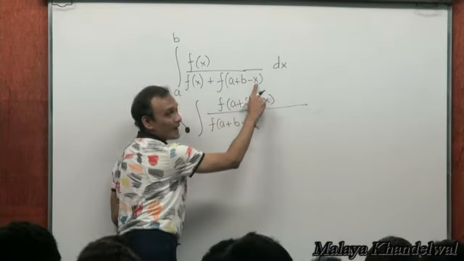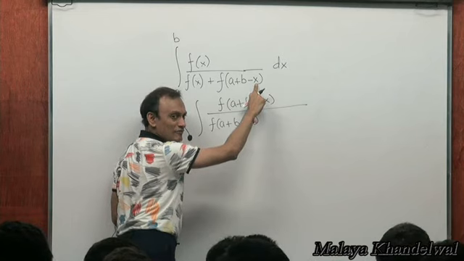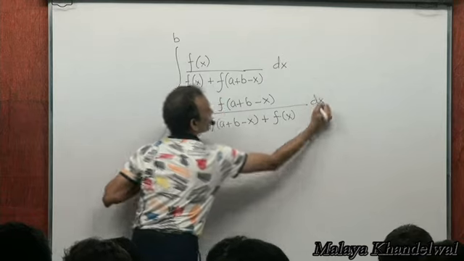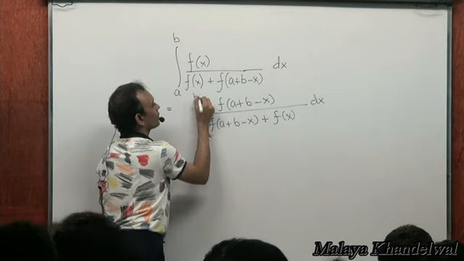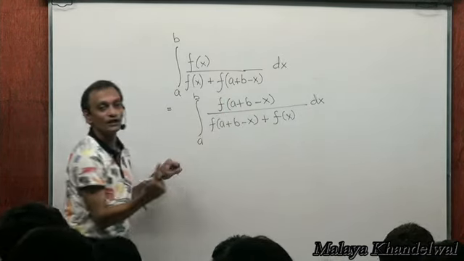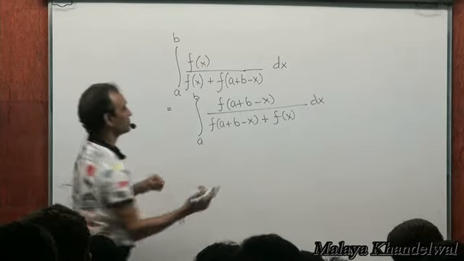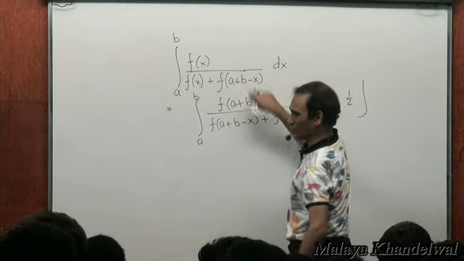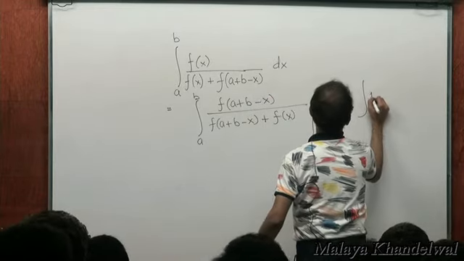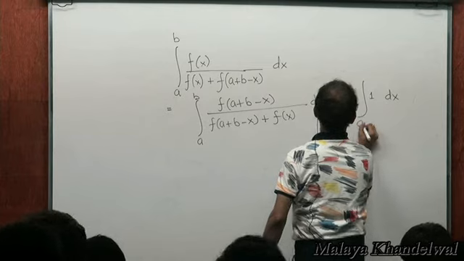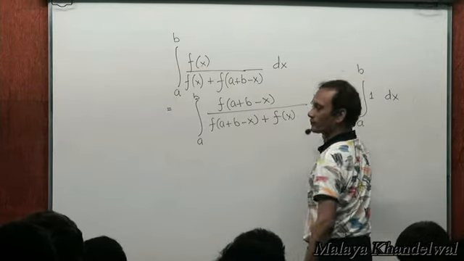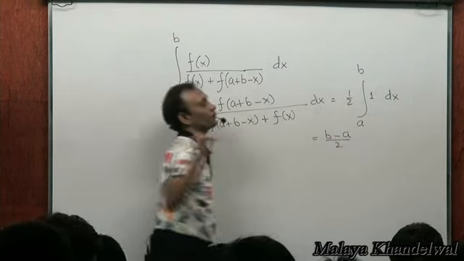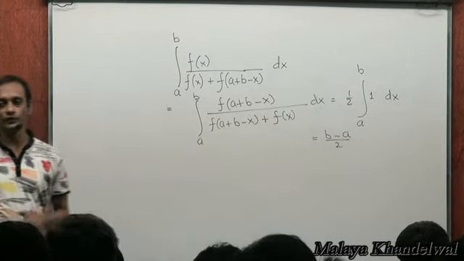If you replace this x by a plus b minus x, it will give me f(x). So if this is equal to this, then each is half their sum, and their sum, as you can see, is 1. X runs from a to b, which is simply b minus a by 2. Right?